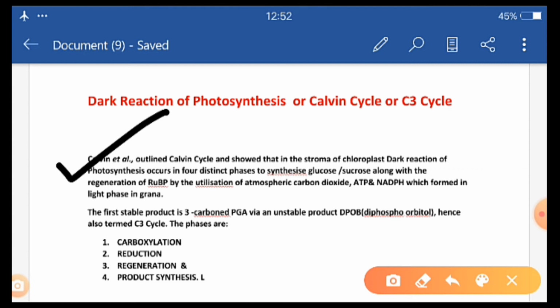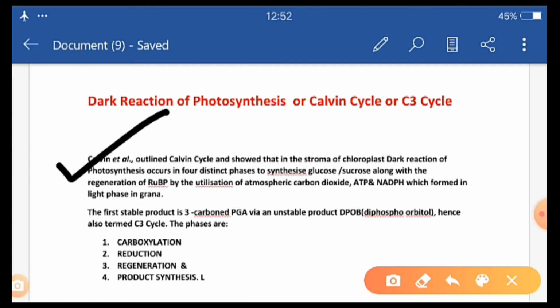What is the product? The product is glucose, sucrose, etc. And it is a cyclic process by which ribulose 1,5-bisphosphate is again resynthesized or regenerated.